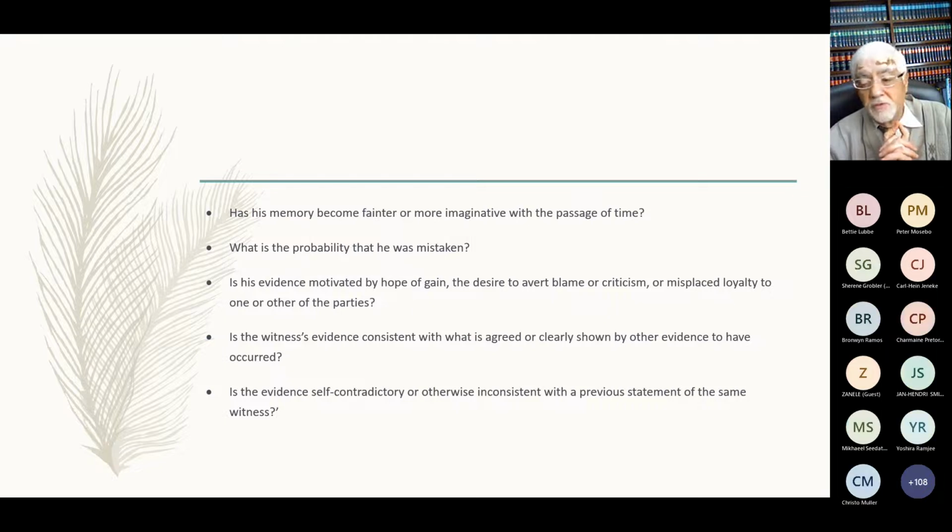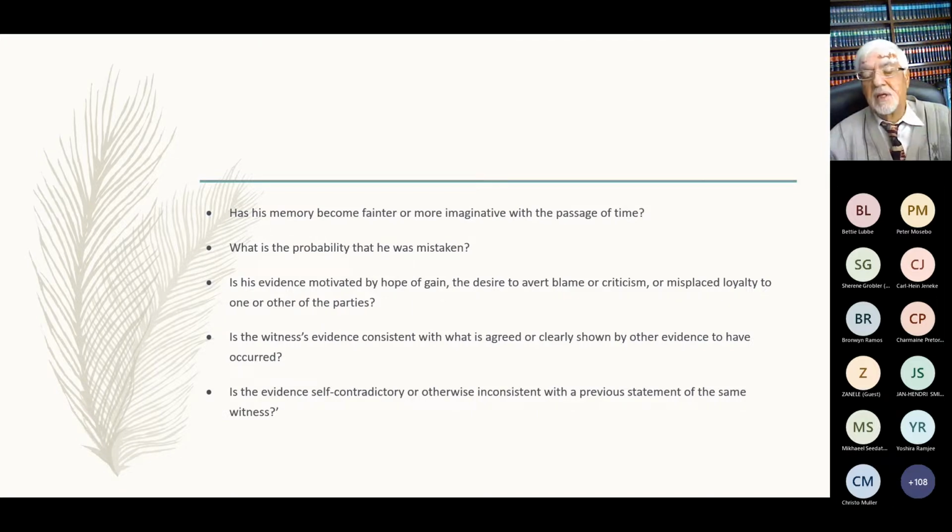Is the evidence motivated by any hope of gain, the desire to avert blame or criticism, or misplaced loyalty to one of the parties? This is the whole question of bias that comes in. Is the evidence consistent with what is agreed or clearly shown by other evidence to have occurred? Now, this is very useful.